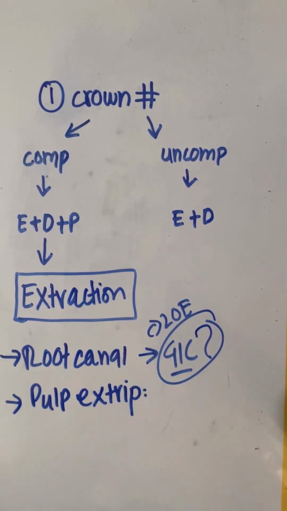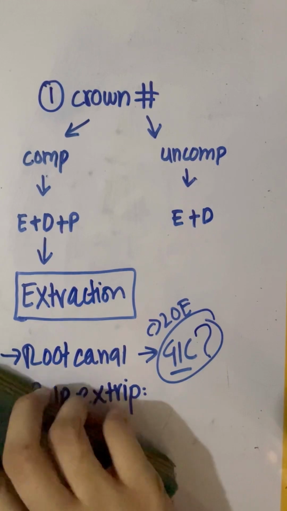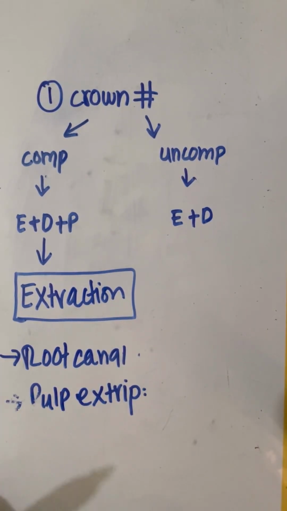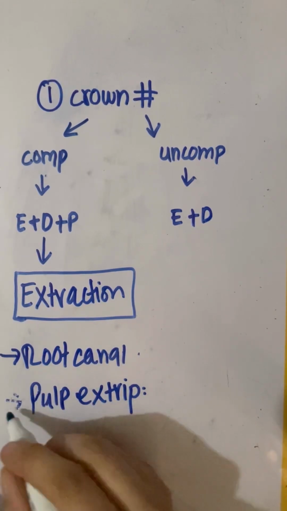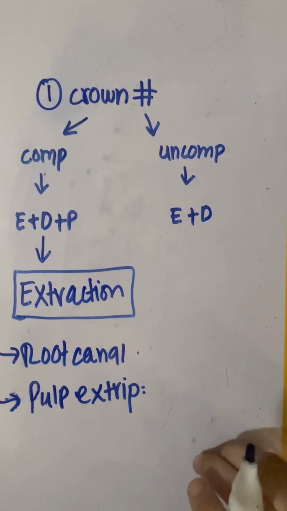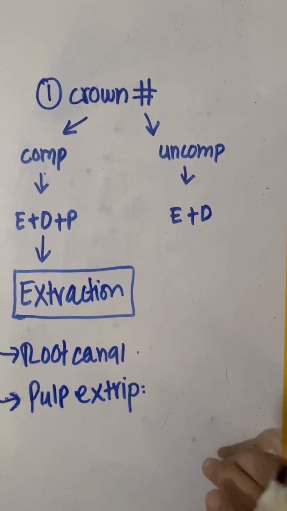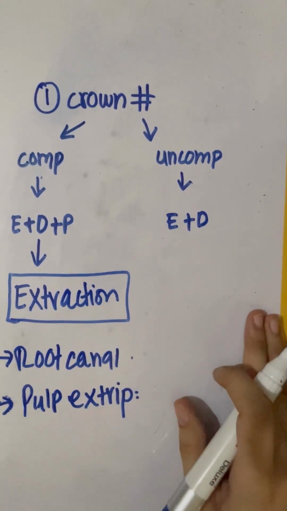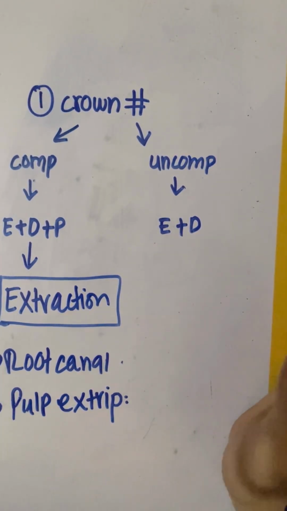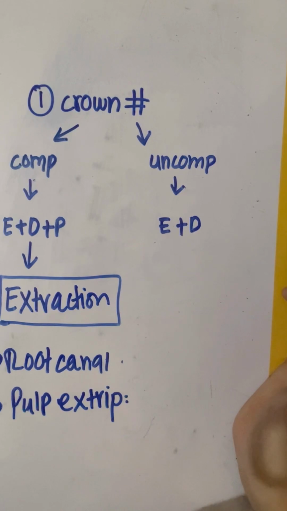So this is the management of the complicated type of fracture. If there is involvement of the pulp, you have to do extraction, which is the treatment of choice. But if you are opting to save the tooth, then you can also perform root canal or pulp extirpation. If we come to the uncomplicated type of fracture, the pulp is not involved, so we do not perform any invasive procedure.